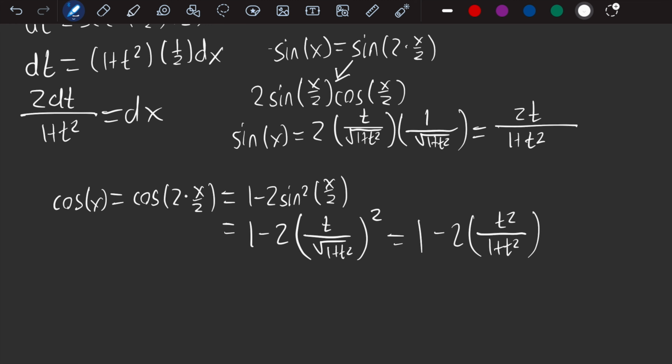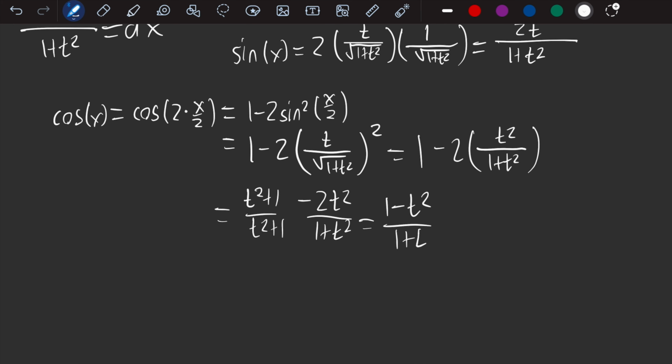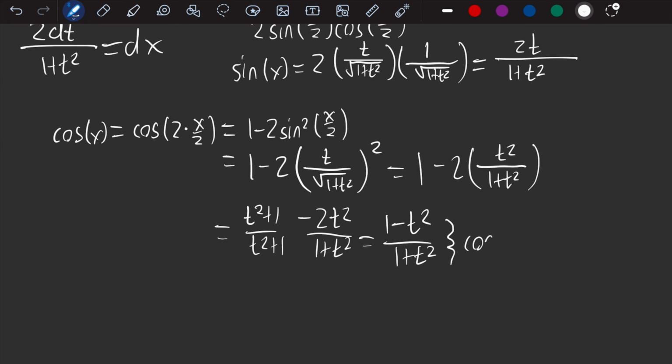Let's try to make it one single fraction. And so let's rewrite this 1 as t squared plus 1 over t squared plus 1, and then minus 2t squared over 1 plus t squared. This is going to equal 1 minus t squared over 1 plus t squared. And this, in turn, is our cosine of x.